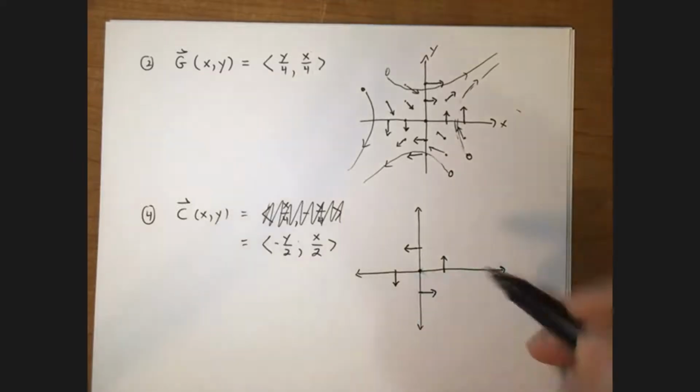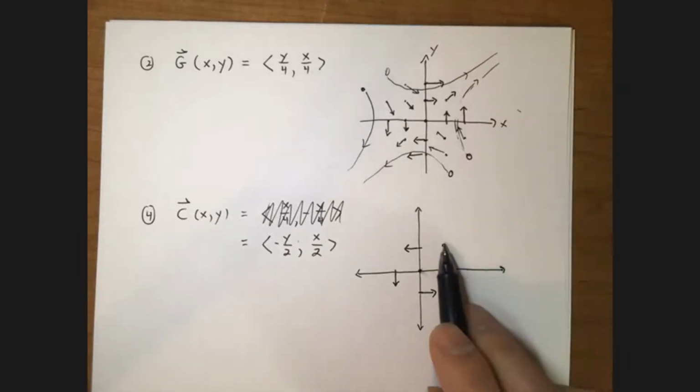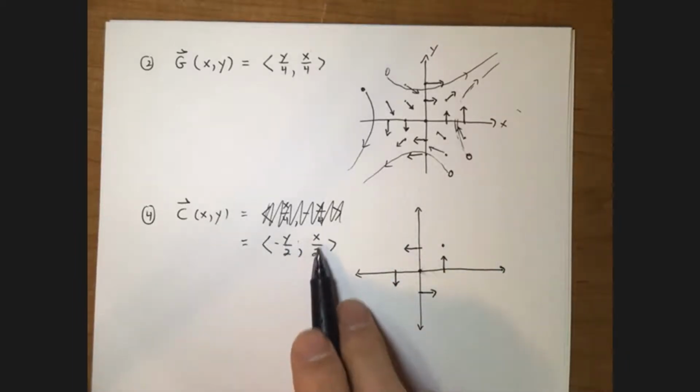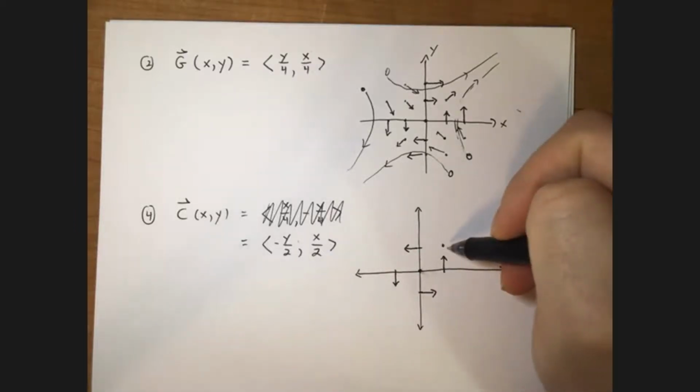Okay, let's go to the point 1, 1. Let's go up here. At 1, 1, I get -1/2, +1/2, so I'm pointing up like this.